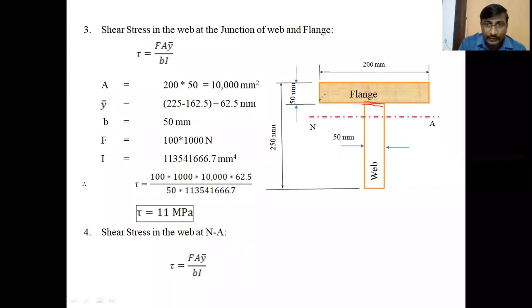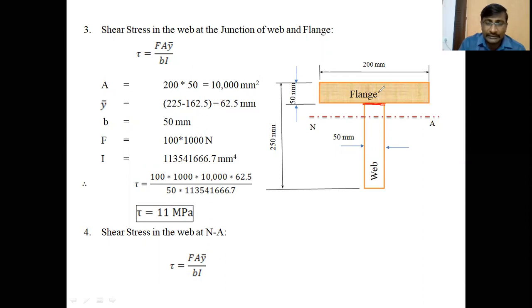In the previous section, we considered the layer breadth as this much. Here we are considering a layer at this level, in the web, the EF layer. So you should substitute the breadth of the layer as 50 mm, that is the layer thickness of the web itself. All are same values because the area above this layer is the flange itself.